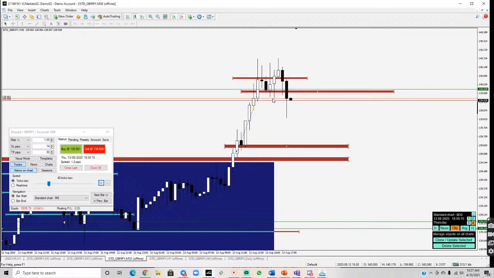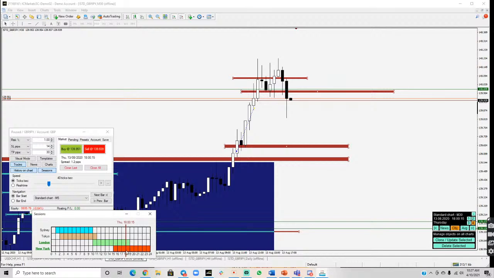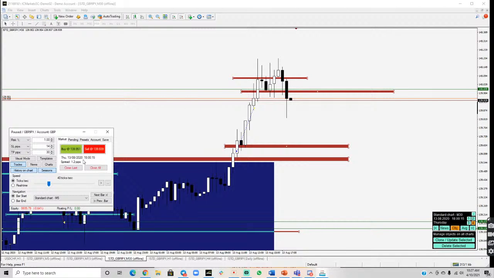So if I should take a sell now, the session is about 10 leading up to London close at 11, and there's always volume in this session. There's always volume in the session leading up to the London close.